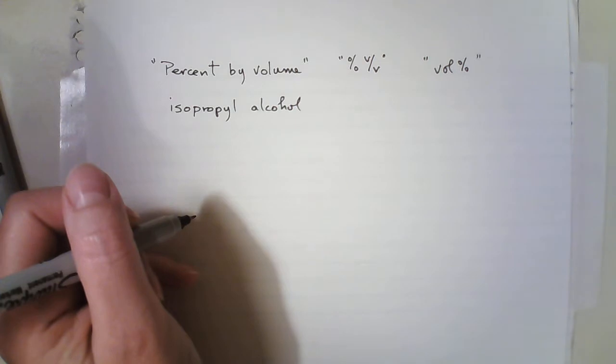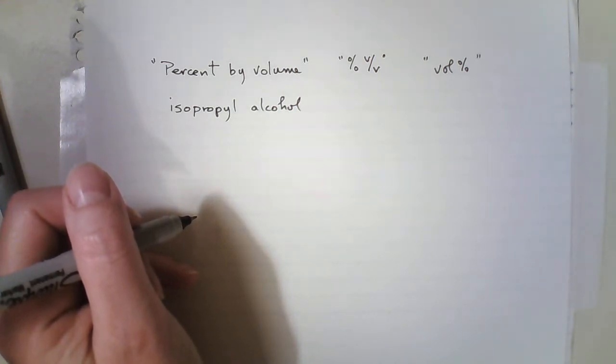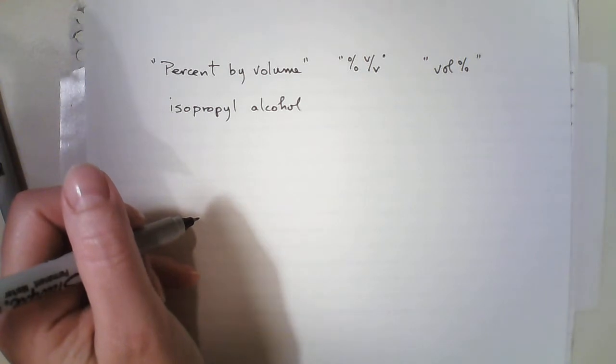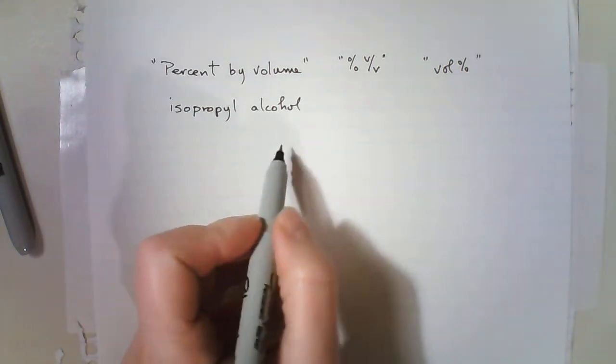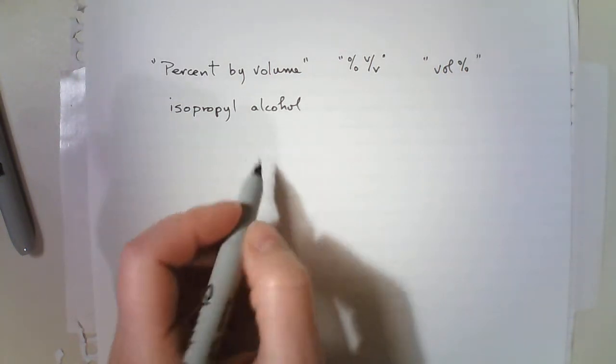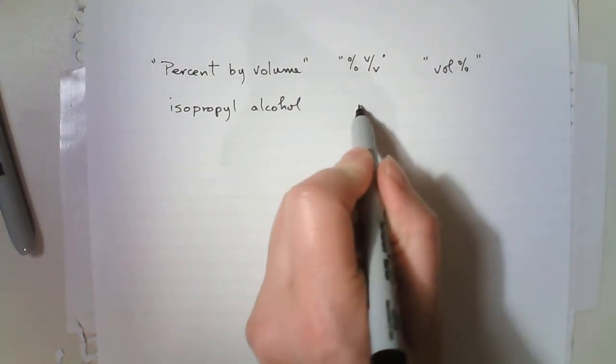It's not used as a pure substance, but it is what's inside what's called rubbing alcohol, that alcohol that you can buy at a drugstore, and it is actually given in a percent by volume concentration right on the label, which I'll show you after we do this question. In fact, I can tell you what it looks like.